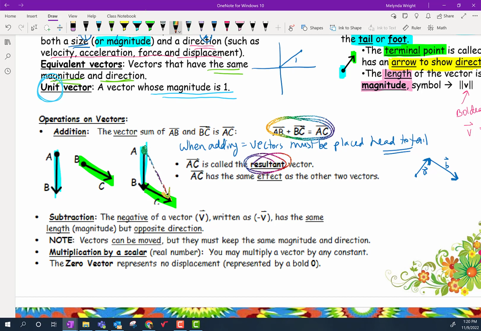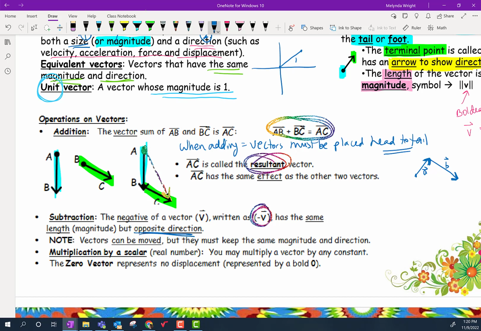We can also subtract vectors, and I want to focus on this little thing right here. What does that mean? This means that it has the same length, but it goes exactly in the opposite direction.